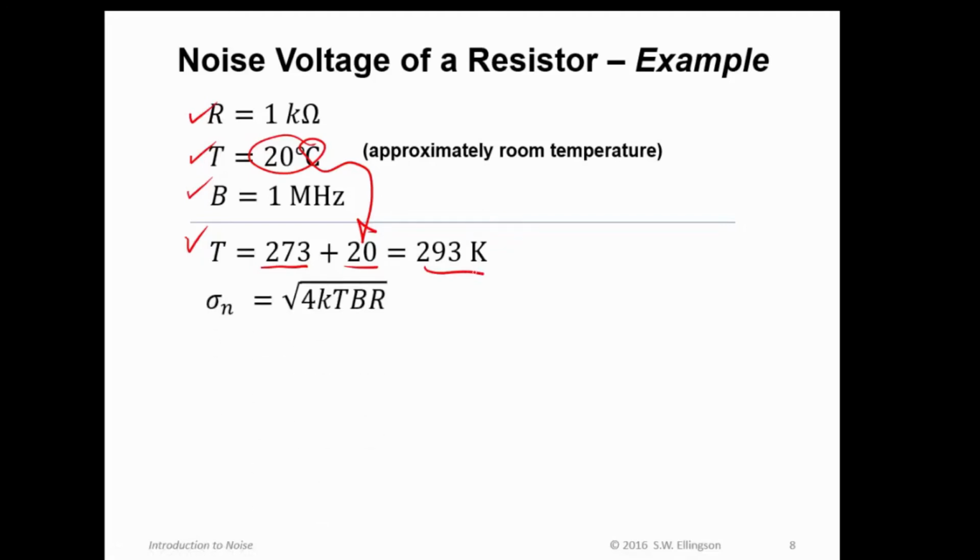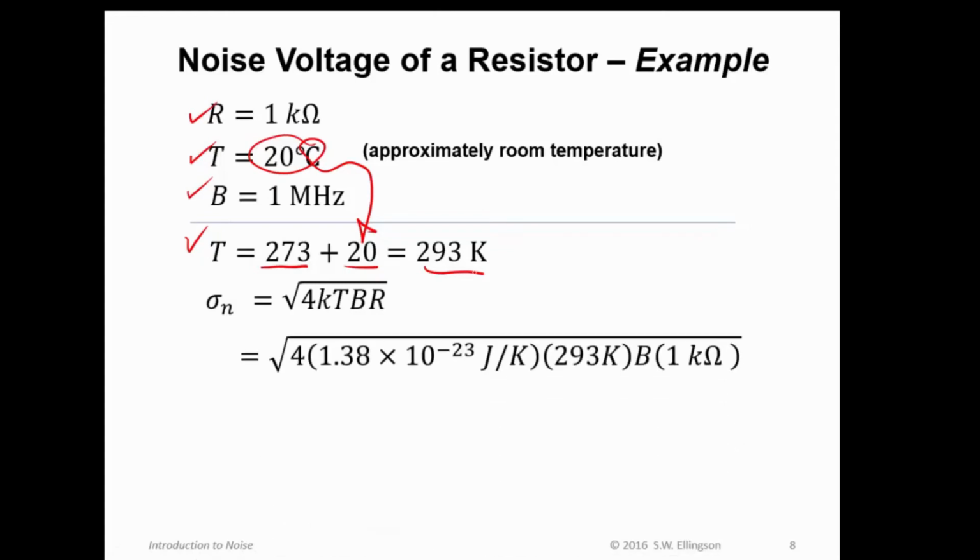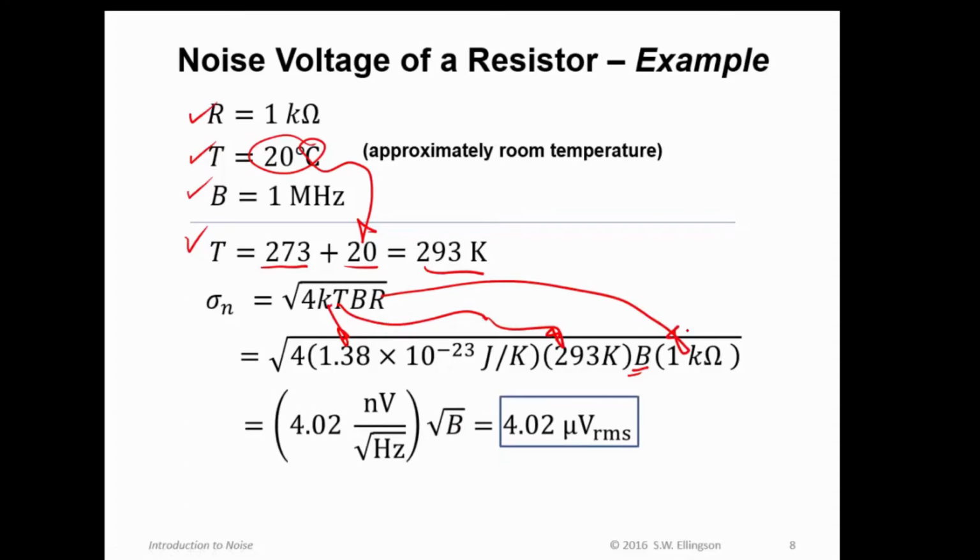So now I apply the equation I just derived. I make the substitution. There's Boltzmann's constant. There's the temperature. I'll leave bandwidth as an undetermined variable. And then here's the resistance. I'll multiply through. The only thing I don't know is bandwidth, so I end up with a factor of square root of bandwidth here.